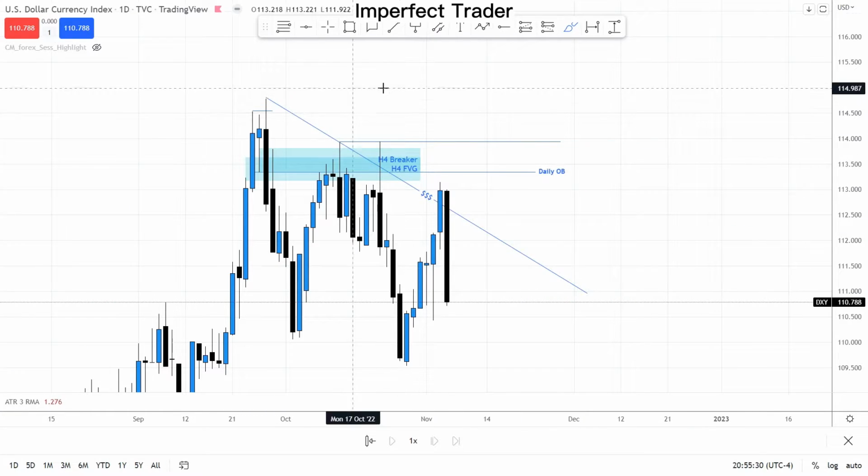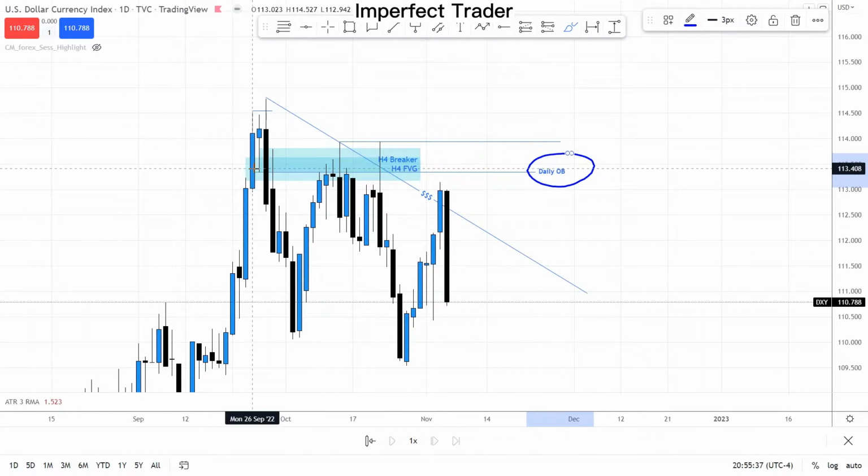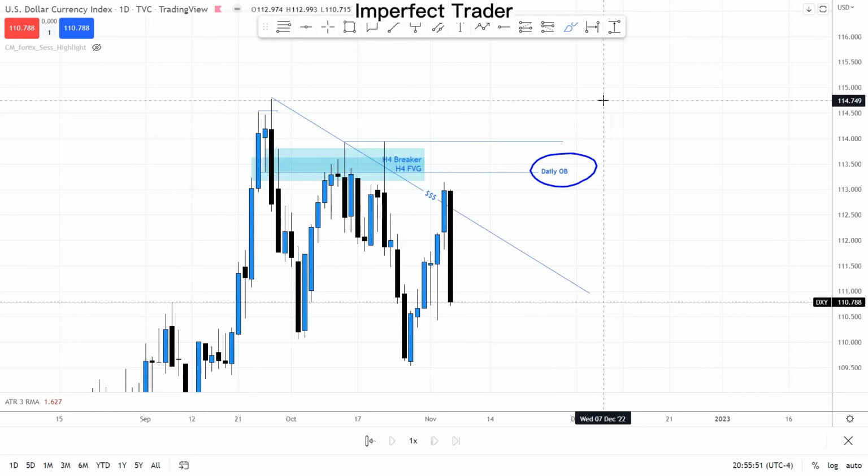And so you can see that we have a what? We have a daily order block. We have a 4 hour breaker. We have a 4 hour fair value gap. And all these things overlay with each other and create a PD arrays matrix.